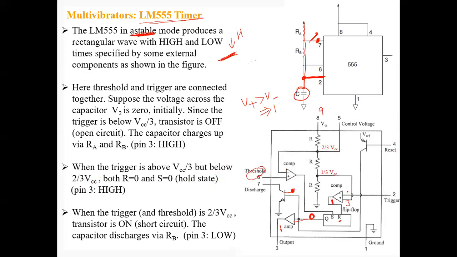Until 2.9, this is stage 1. How about if it is, let's say, 3.1? What happens? Will this be 1 or 0? 0. This is 0, so R is 0.